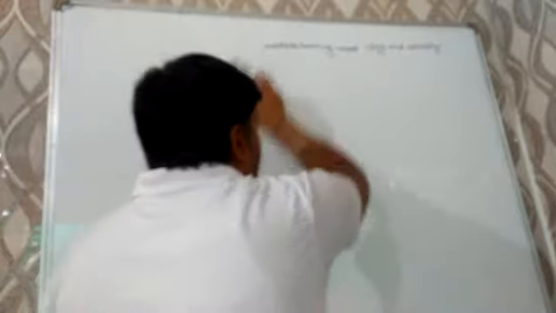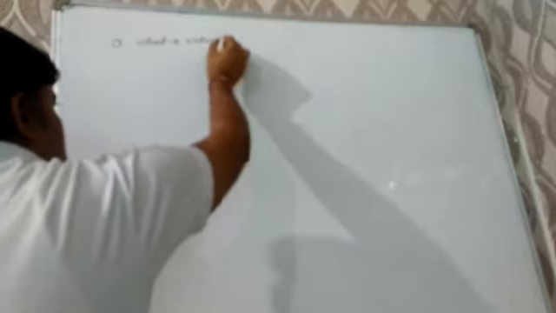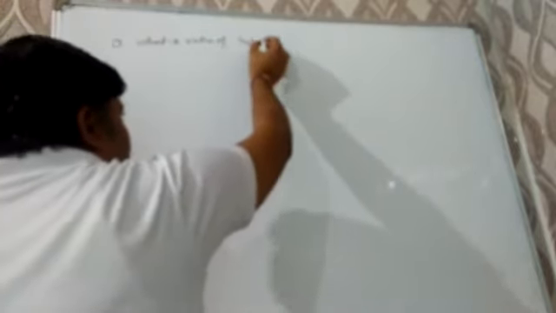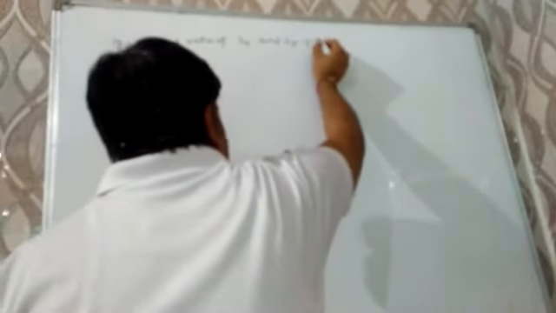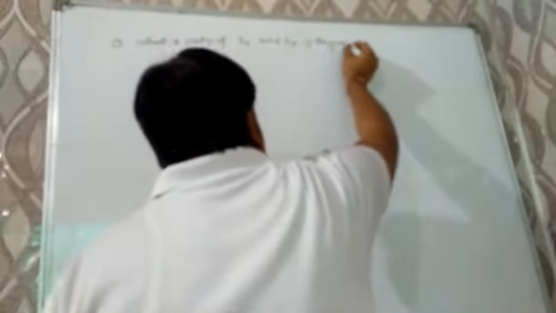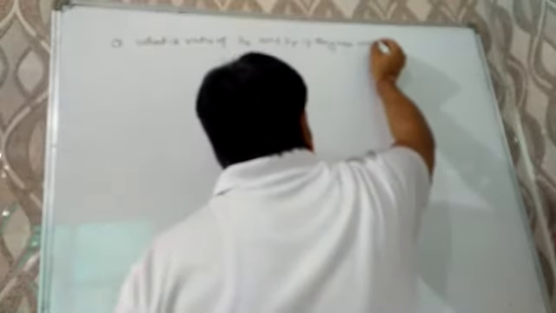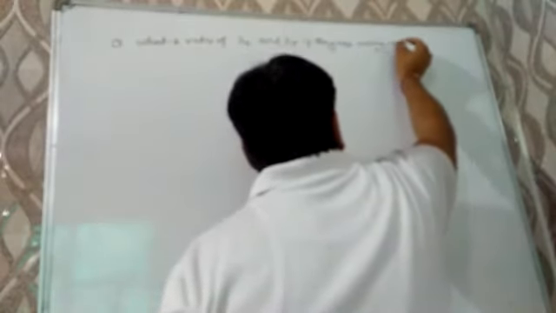Next numerical maybe: what is the ratio of the wavelength of an electron and a proton if they are moving with the same velocity?